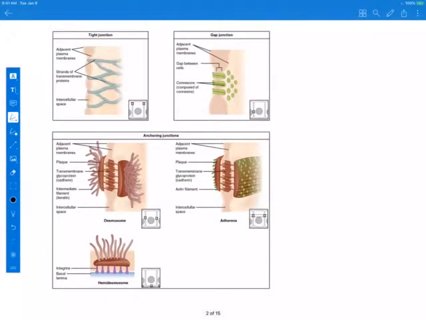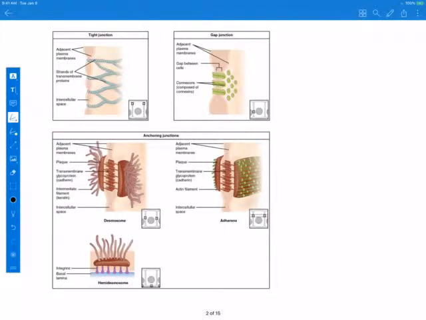And the first one that we'll discuss is the gap junction. The gap junction is one that allows communication to travel between cells. It allows substances to travel between cells, and substances, when they move between cells, that's how cells communicate with one another.